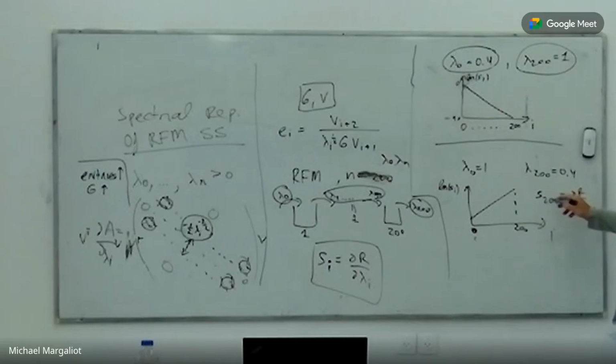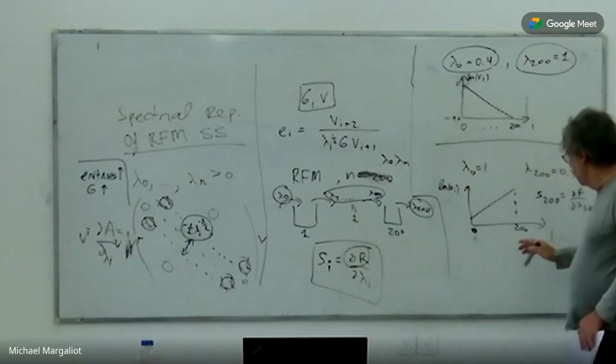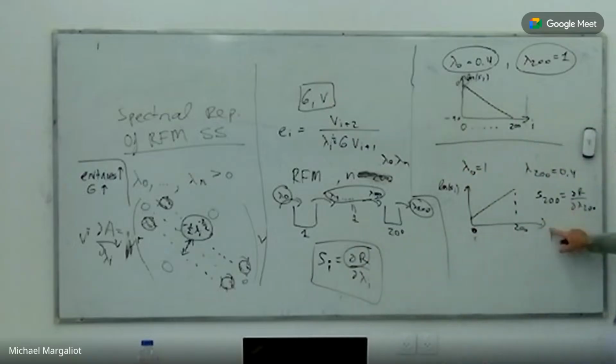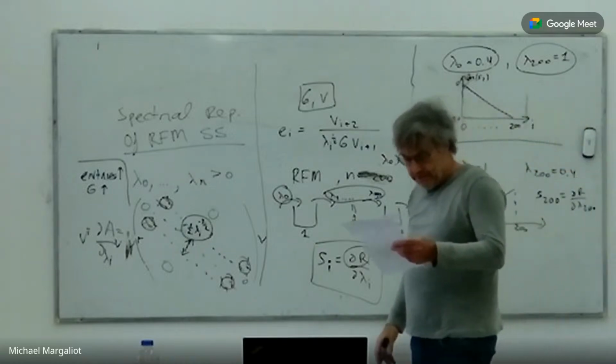It has the largest sensitivity. So if you want to increase the steady state production rate, and you don't know in which lambda to invest your energy, invest it in this lambda, which is the bottleneck. So this is just a dual situation, of course, of this.